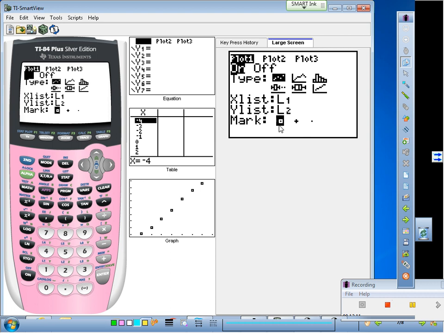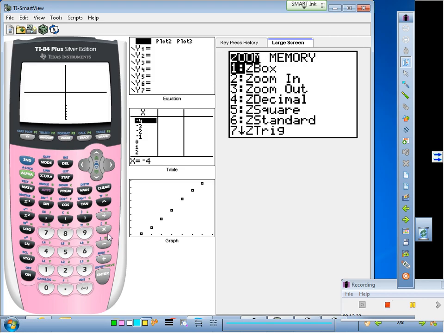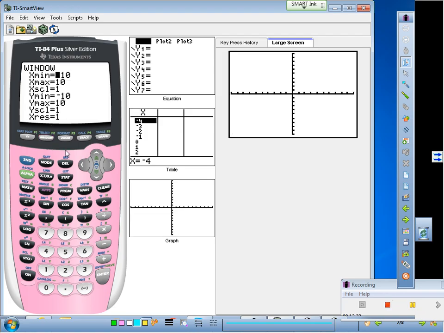I like the big square as a mark. This is normally where kids go Zoom 6 and they graph it, and then what do they say? I'm saying there's something wrong with my calculator. My graph's not there. And I'm like, oh, did you look at your windows? Okay? Because you're looking at a different place in the graph. What did our X's go from and to?